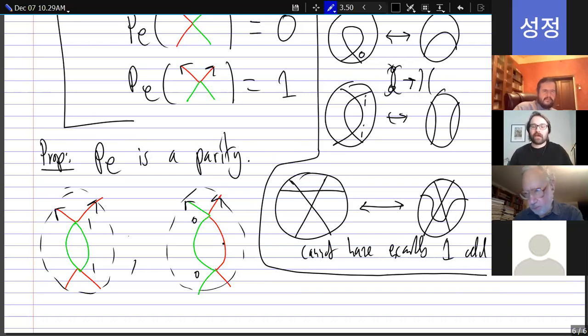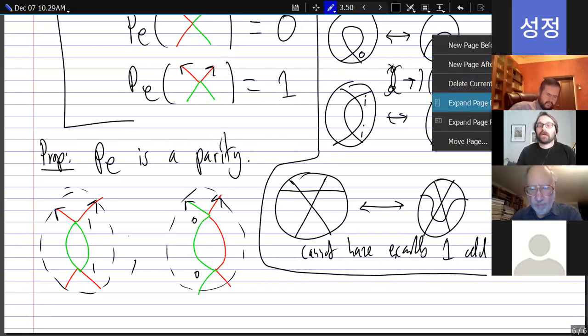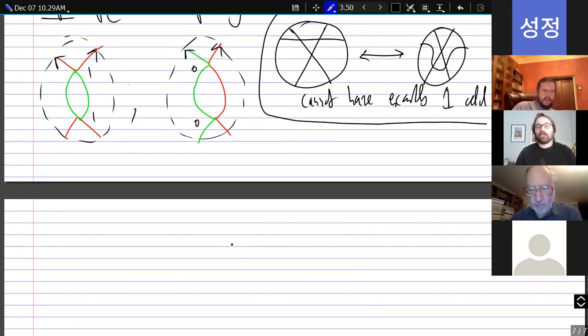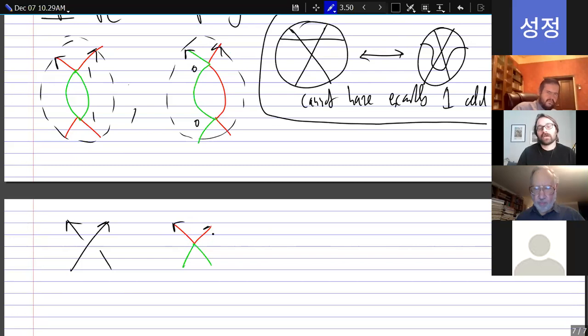And the key thing I also want to stress is that this is completely local to the crossing. This is one of the reasons I really like this construction, and one of the reasons I think it has lots of applicability: we don't have to know the rest of the link diagram. Specifically, if you give me an oriented crossing and I know the two coloring configuration at that crossing, I can tell you just by looking purely locally whether it's even or odd.